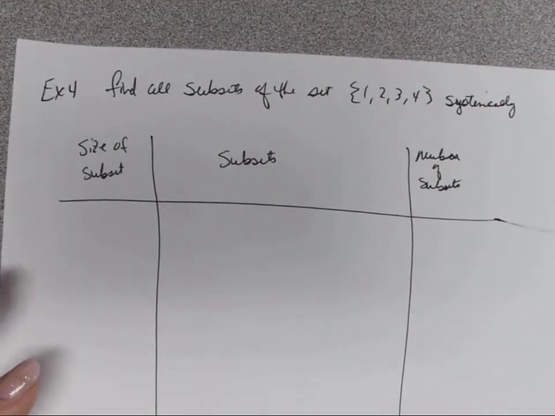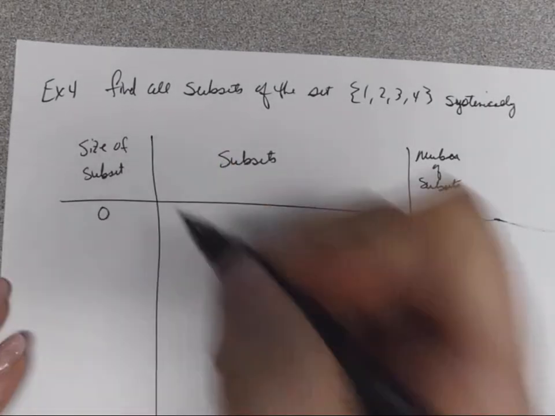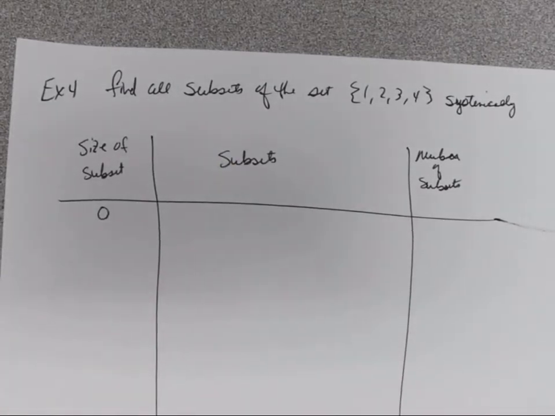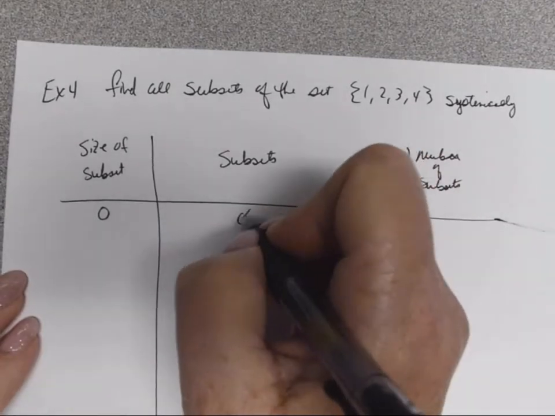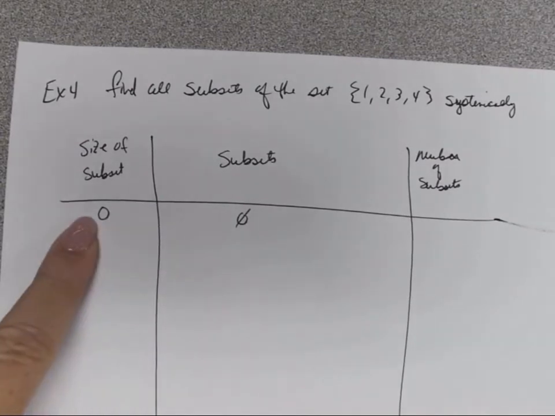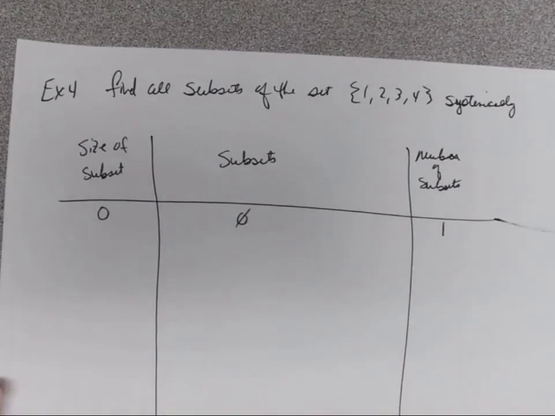All right, so first of all, the size of the subset. Remember, the empty set is always a subset of every set. So first we're going to have 0 members in our subset, which would be the empty set, and there would be one of those.